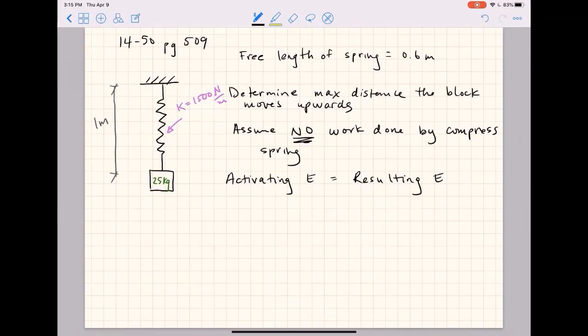We let it go and all of the energy is stored in that spring. So clearly the activating energy is the spring energy. And now it's going from that position and it's moving up. And it wants to know how far it goes upwards. Well, it's obviously going to stop once the velocity is 0.